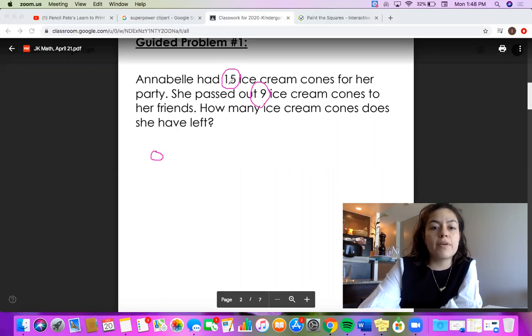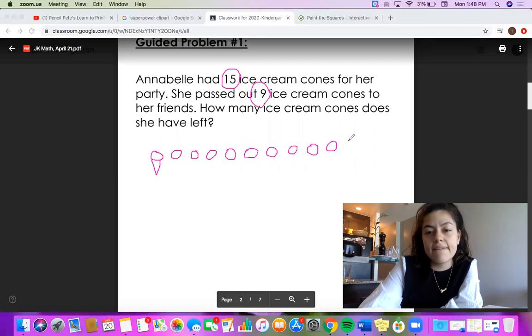So I'm gonna start off by drawing the 15 ice cream cones that Annabelle had at the beginning. This is her whole number. That's 1, 2, 3, 4, 5, 6, 7, 8, 9, 10, 11, 12, 13, 14, 15.